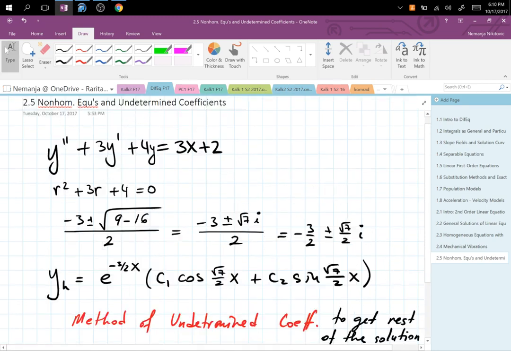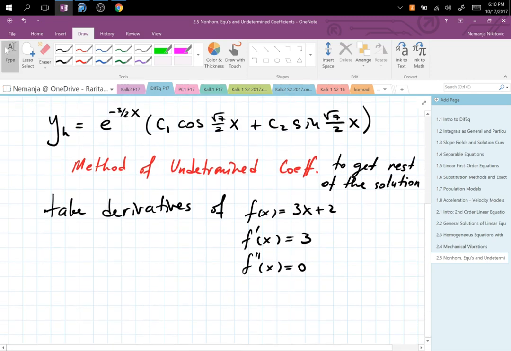The number of derivatives you're taking is going to match the order of the differential equation, because now you are going to plug this in. Before you do that, you observe the pattern. Actually, you can go over here to the 3rd derivative and 4th derivative and so on, as many as you want, because you are looking for the pattern. And if you observe this, the pattern is ax plus b.